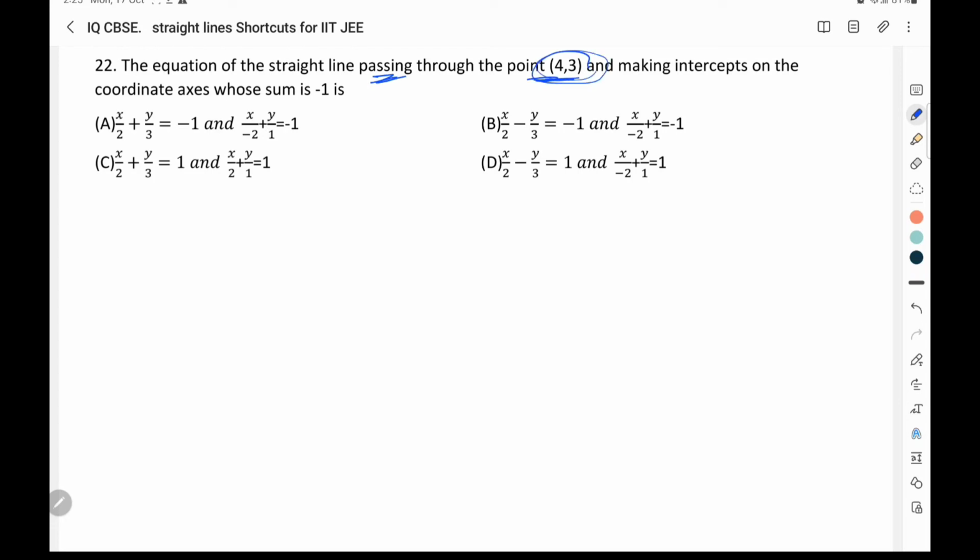Next one, again find the equation of the straight line passing through. Whenever you see the words passing through, instead of looking at the sum, first substitute this point (4, 3) in this, and it is also given that the sum of the intercepts is minus 1. Just substitute this passing through point and you will get the answer, nothing more than a simple substitution.